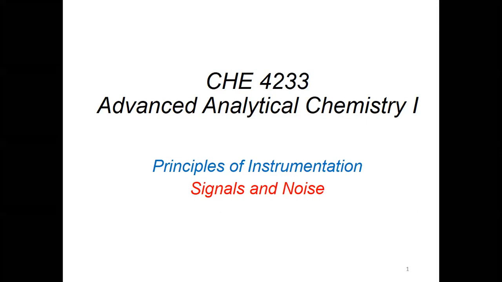One is the signal, which is what we are interested in, and there is also some noise associated with the signal. Sometimes it is difficult for us to get rid of this noise, but sometimes we can get rid of the noise part. So let's talk about signals and noise today.